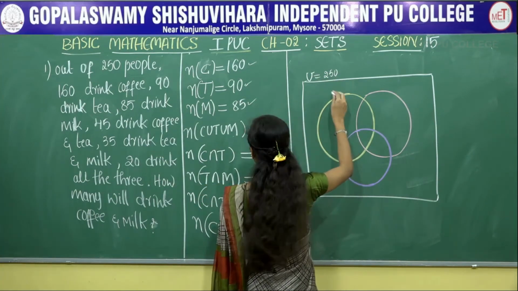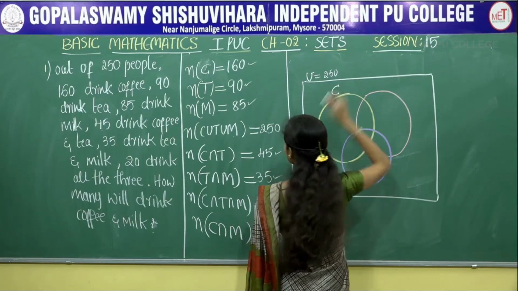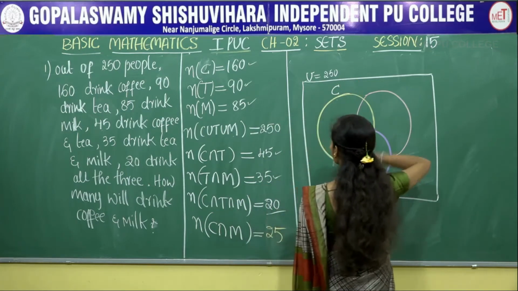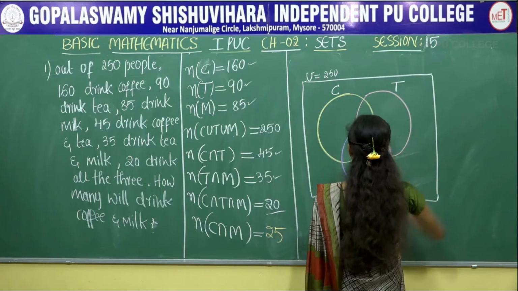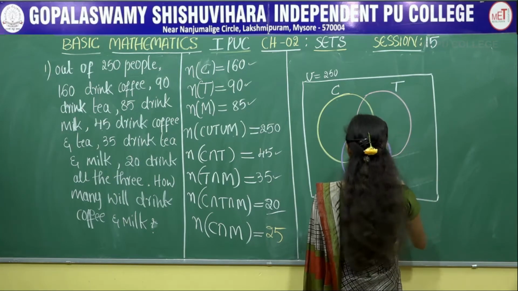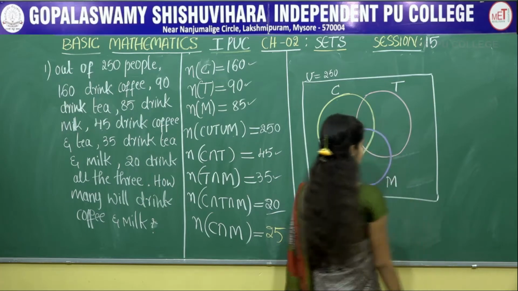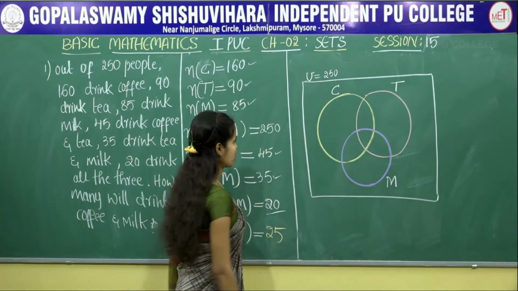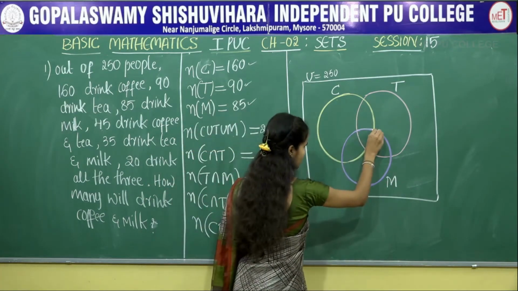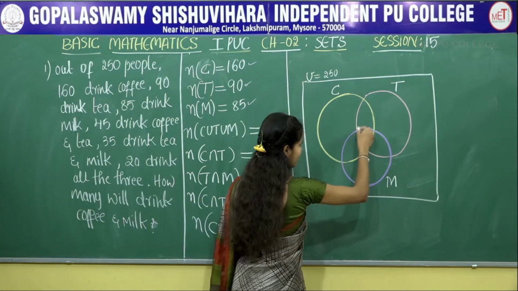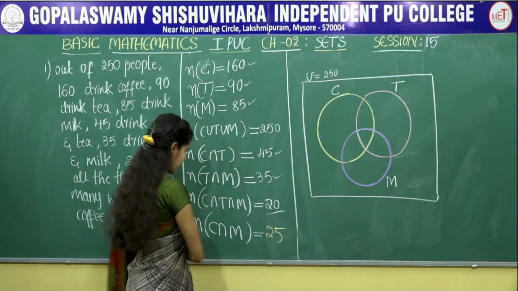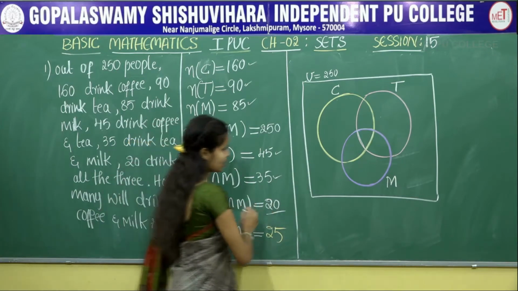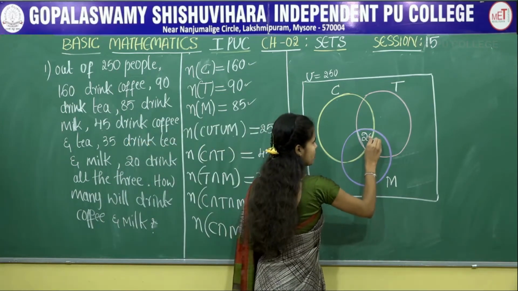The first circle represents set C, the set of people who drink coffee. The second circle represents T, the set of people who drink tea. The third circle represents M, the set of people who drink milk. Now fill this intersecting portion, the middle portion common to all three sets, that is C intersection T intersection M, which is 20.